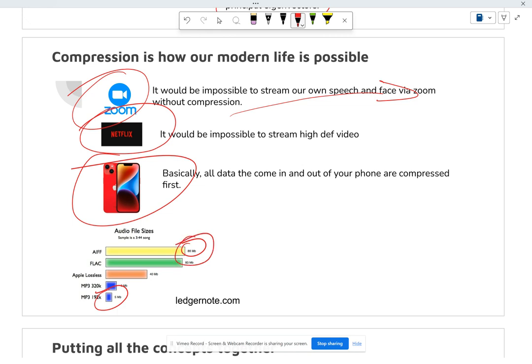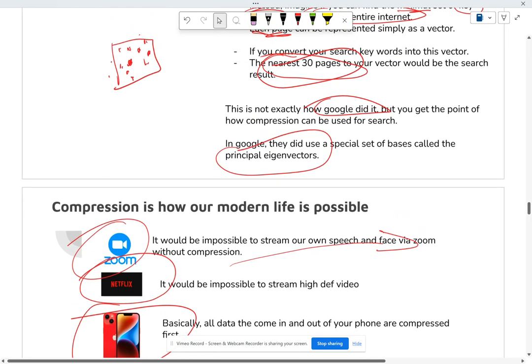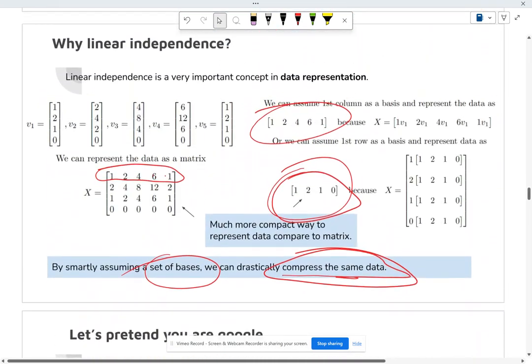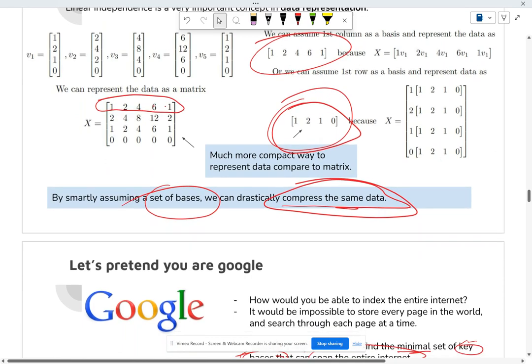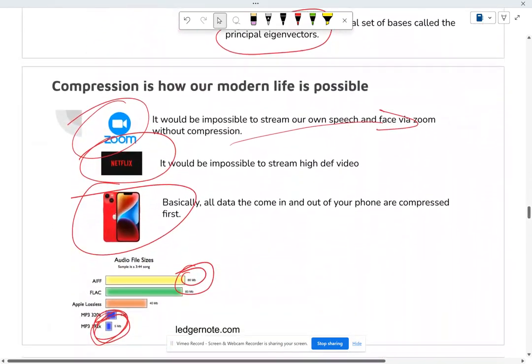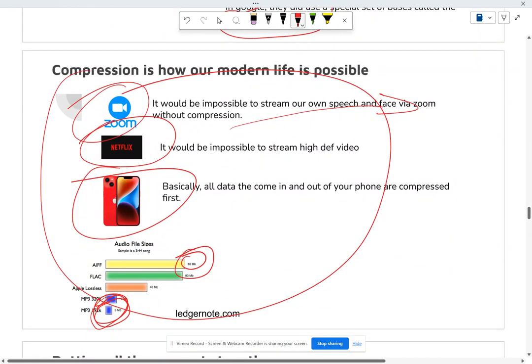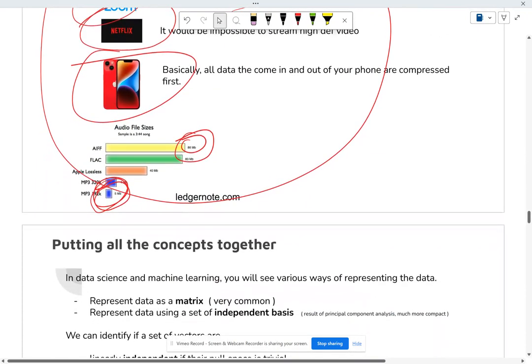You can essentially achieve the same information sending something much smaller, and that speeds up the whole process. Now, compression is really important, and therefore these ideas of bases and linear independence are the underlying math that you would need to understand in order to know what any of this compression is about.